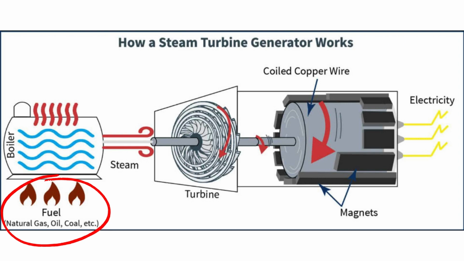As the fossil fuel is burned, the water is heated and steam is produced, and this steam goes through pipes causing the turbines to move, and the thermal energy is converted into kinetic energy. This kinetic energy turns on the generator, and the generator converts this kinetic energy into what? Electrical energy that goes through the wires, and we can use it at homes and to operate devices and all this.